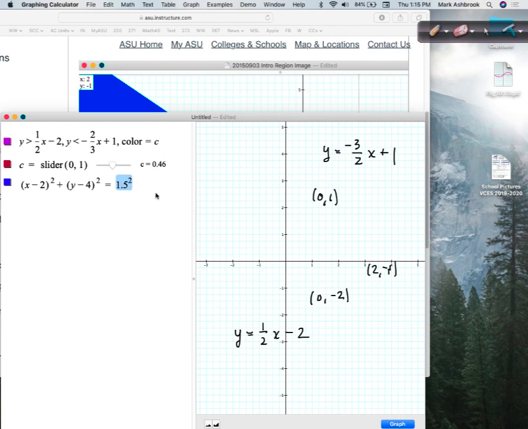Okay, so that's just the points on the circle. You've learned this before. This is the equation of a circle, and that's just the points on the circle.